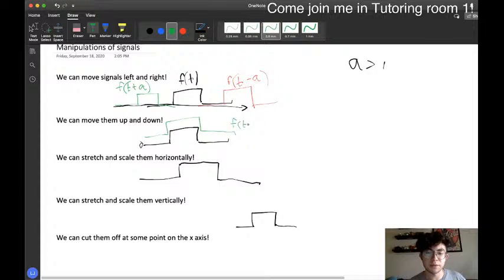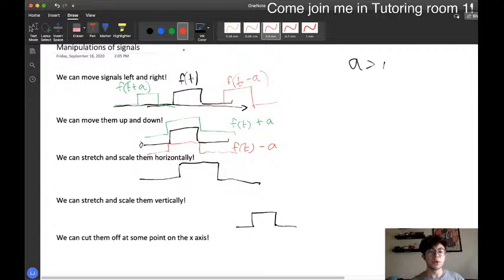So f of t plus a. And if we wanted to make our signal go down, so provide a negative DC offset, that's what we would call it in engineering sometimes, we can just subtract that same number. We can subtract any positive number, and we'll make our signal go up and down, basically.